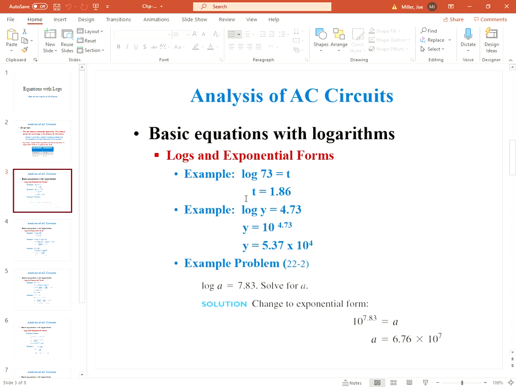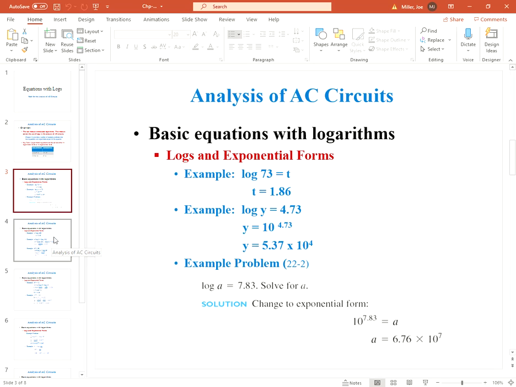In other words, the log of y as the exponent of the 10 will give you y, and 4.73 as the exponent of the 10 will give you this. And when you punch that in your calculator and express the answer to 3 significant digits, it'll come out to 5.37 times 10 to the 4th.